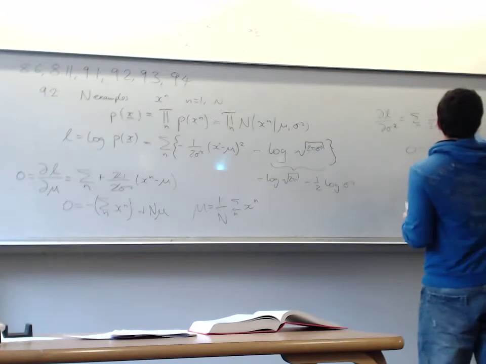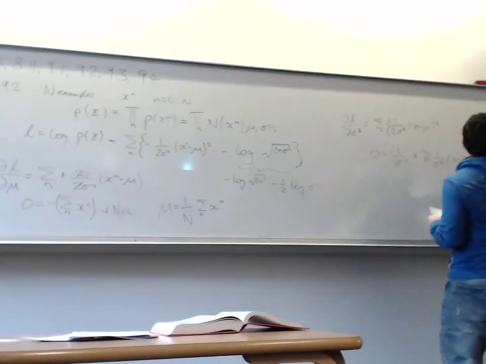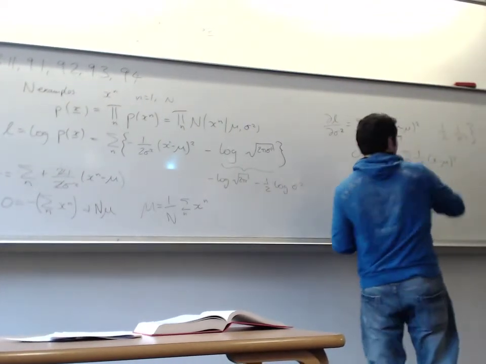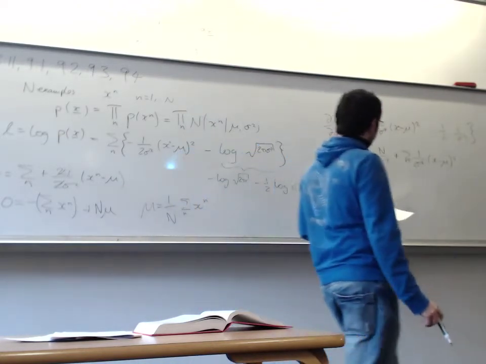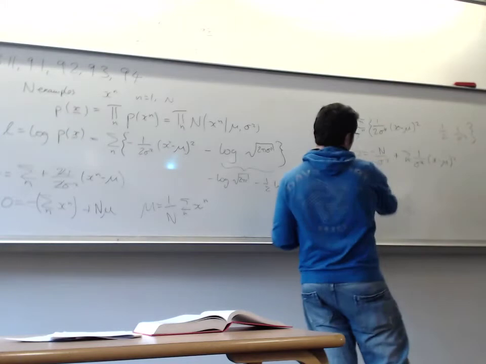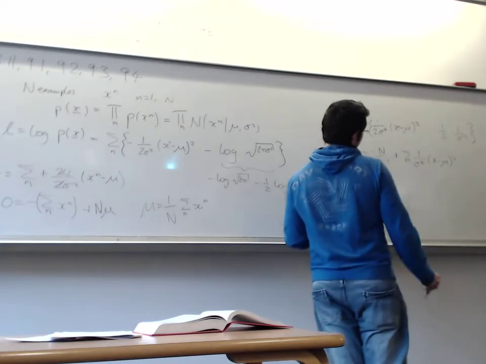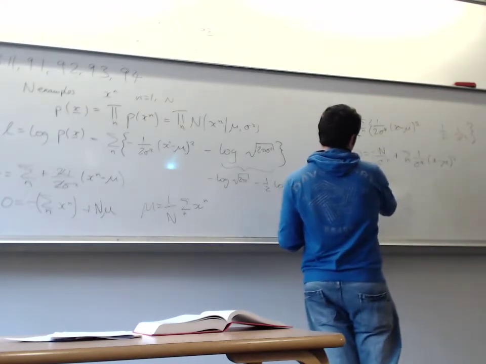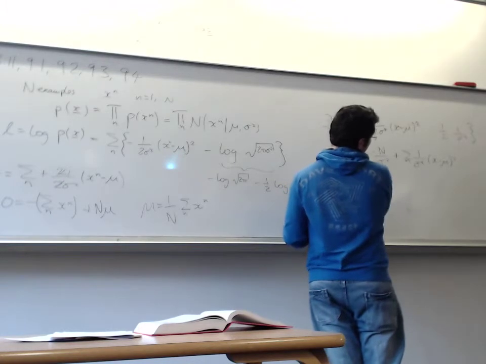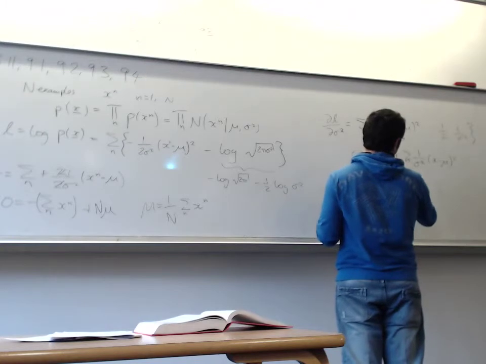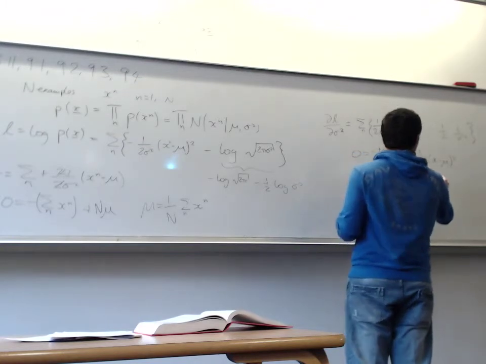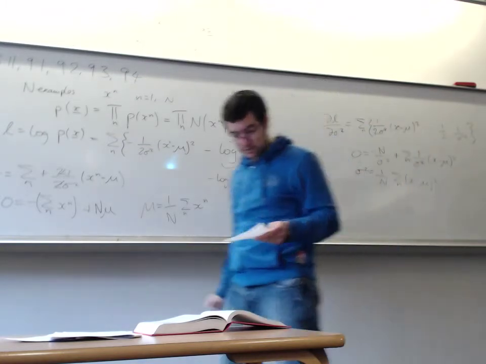And sorry, of course, this is all inside the sum, so this is now going to have an n on the top. So now what I do is move this to this side and multiply by sigma to the 4, and I get sigma squared equals 1 over N sum over n (x minus mu) squared, which is what we expected, I think.